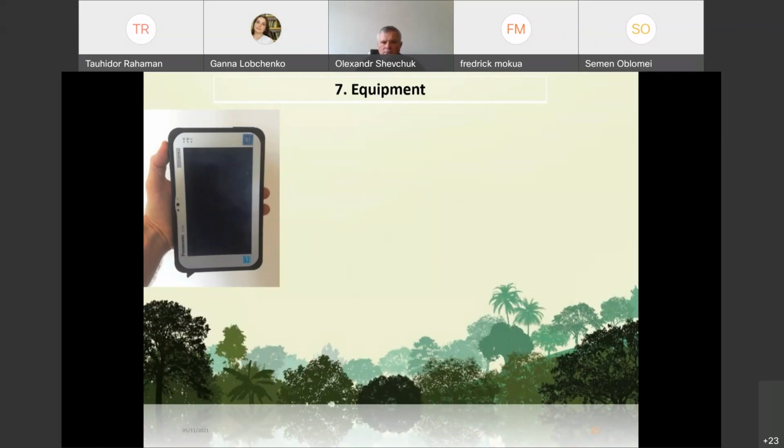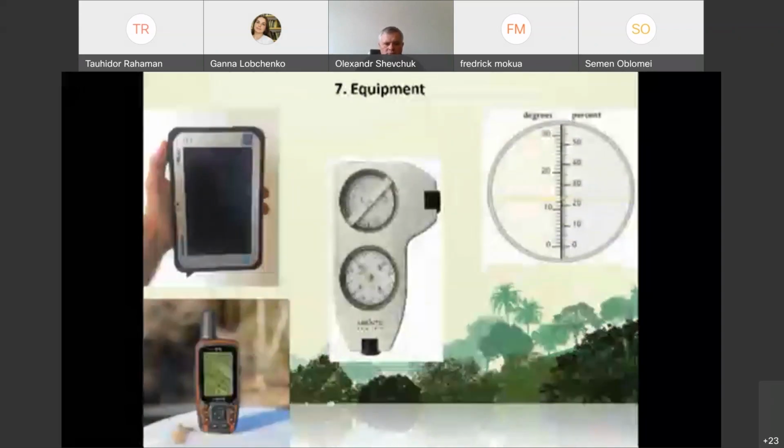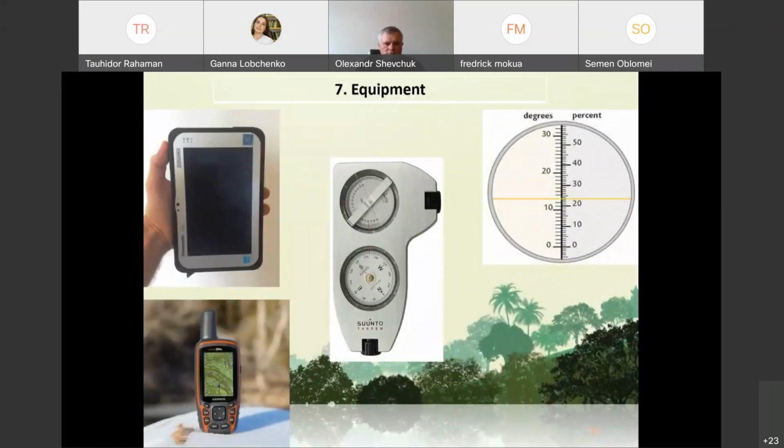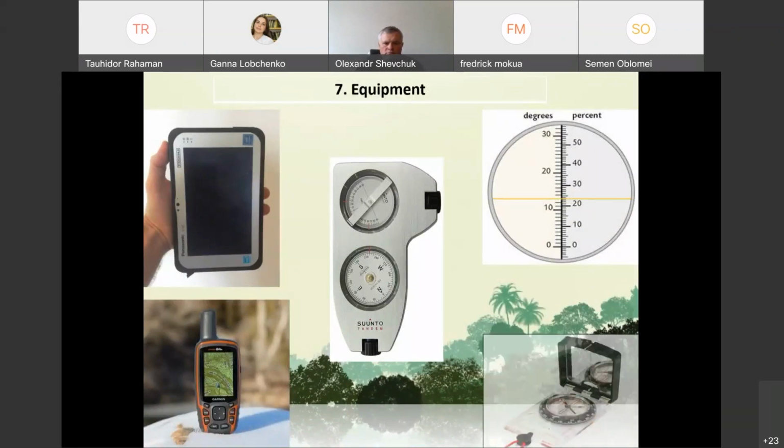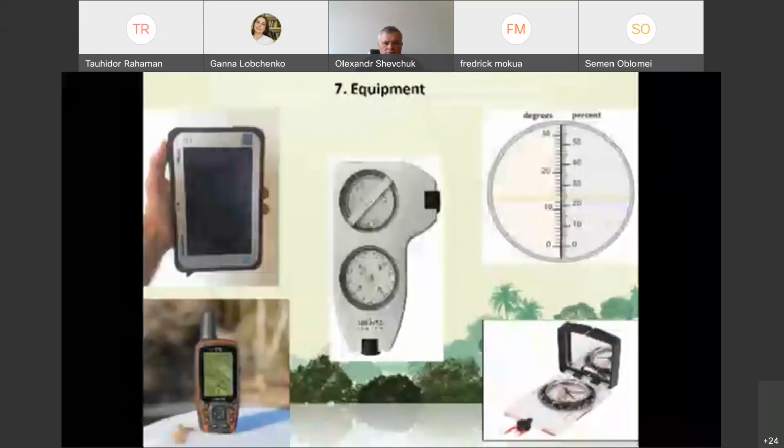So we used this tab, and we have used this Garmin 64 GPS for coordinates. We used this clinometer to measure the azimuth and also to get the slope. And we also used this mirror compass to get the azimuth or bearing.